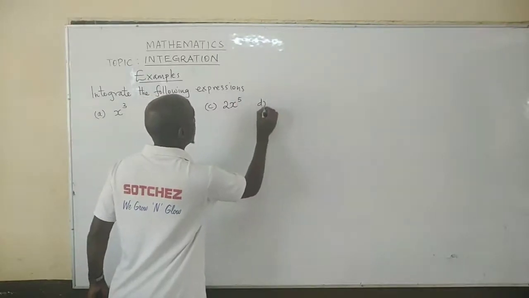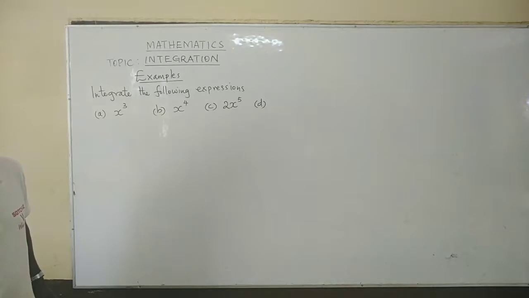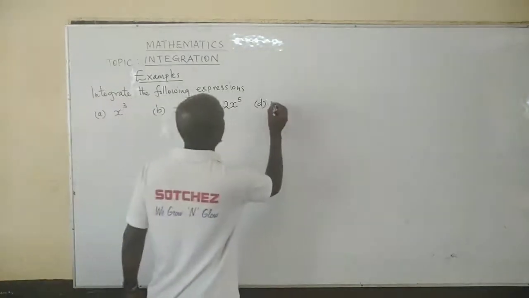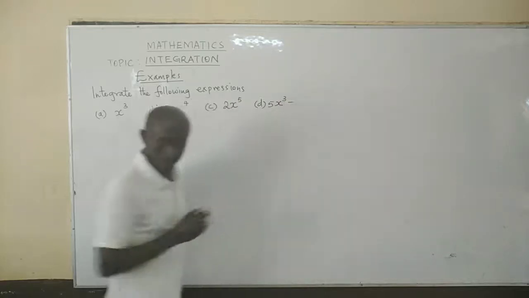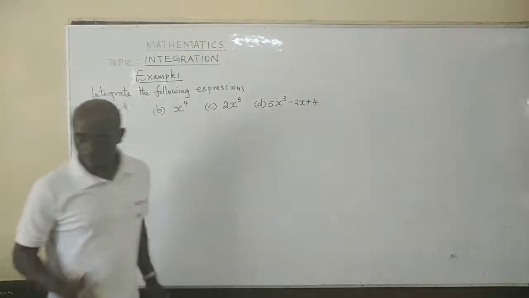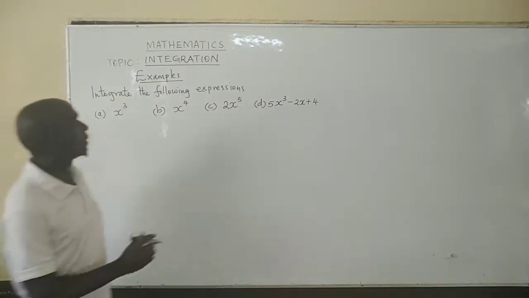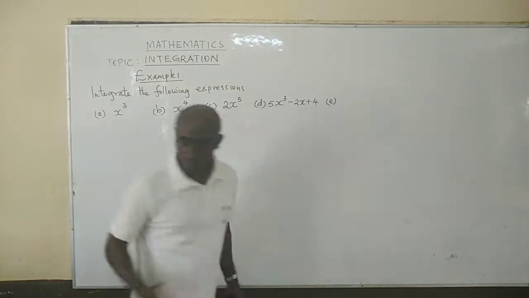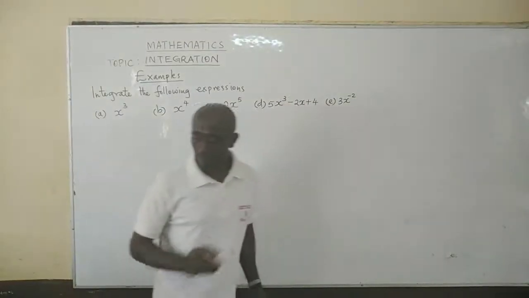A: x power 3, B: x power 4, C: 2x power 5, D: 5x cubed minus 2x plus 4, I have E: 3x power -2 plus 7x minus 9.